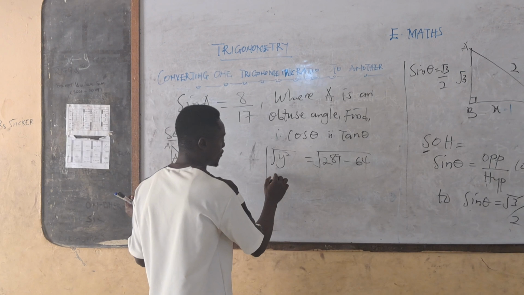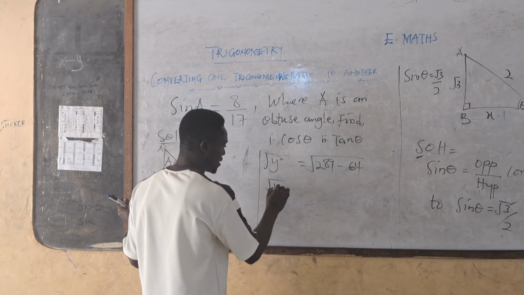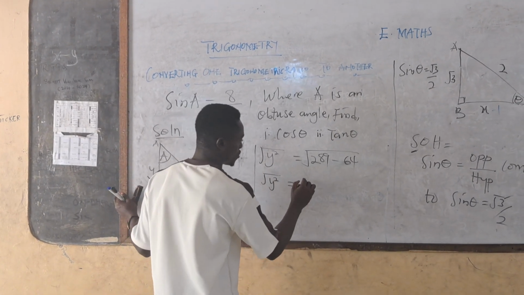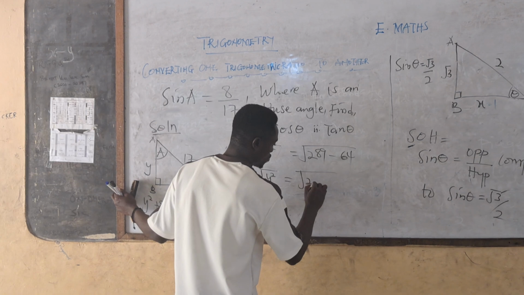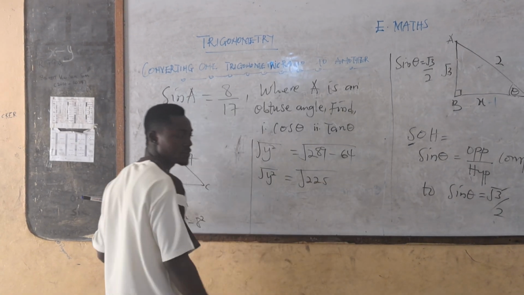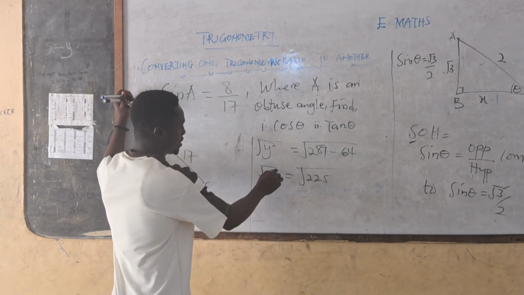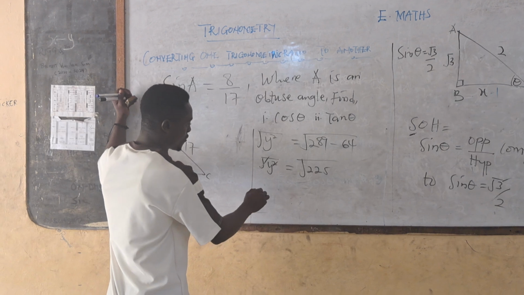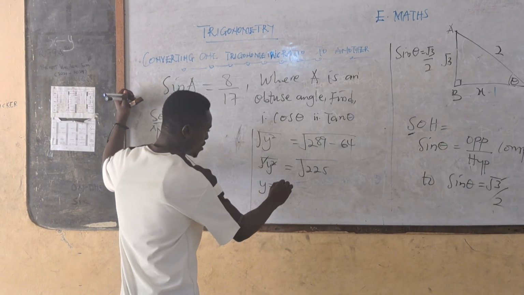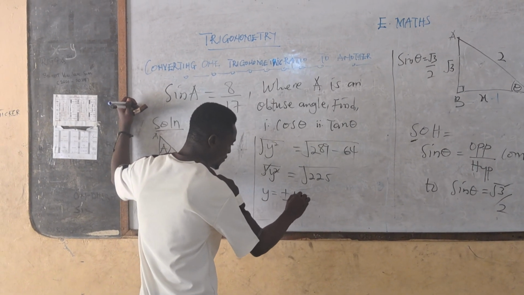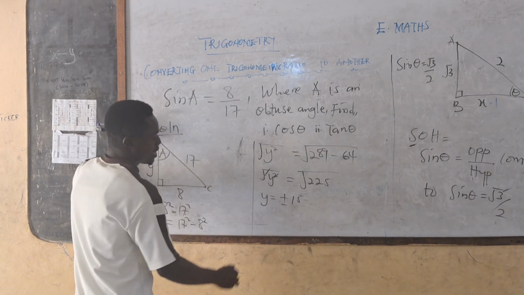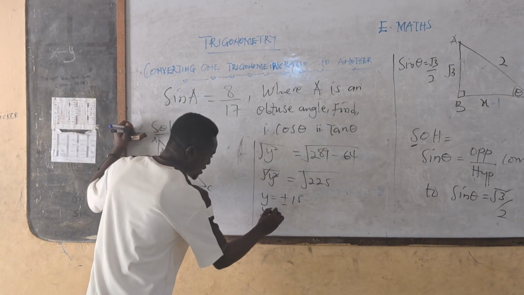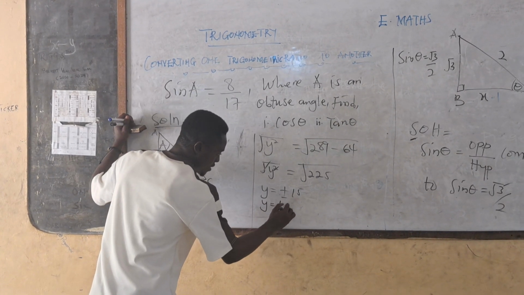So we have root of y squared equal to root of 225. Then these two cancel the roots, therefore y is equal to plus or minus 15. We conclude by taking the positive one that y equals 15.